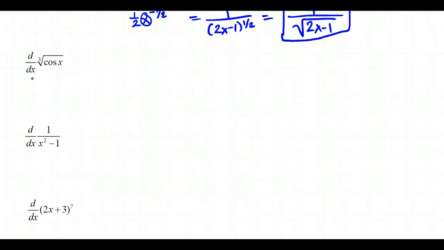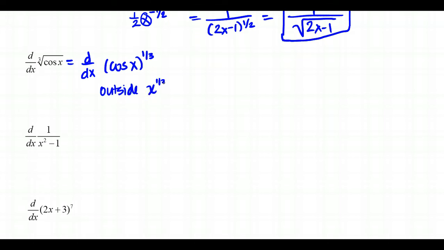I want to take the derivative with respect to x of the cube root of cosine x. So I'm going to rewrite this as the derivative of cosine x to the power of 1 over 3, so that I can see that the outside function is again x to the 1/3.